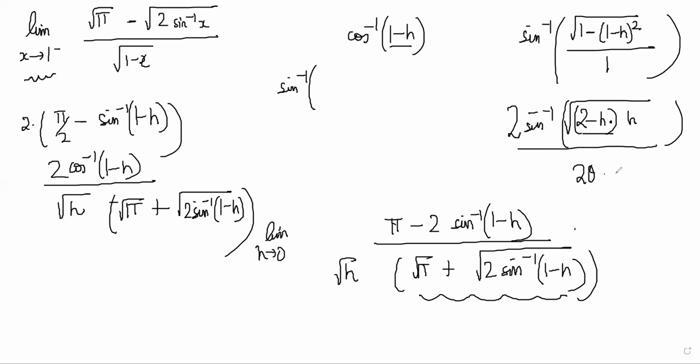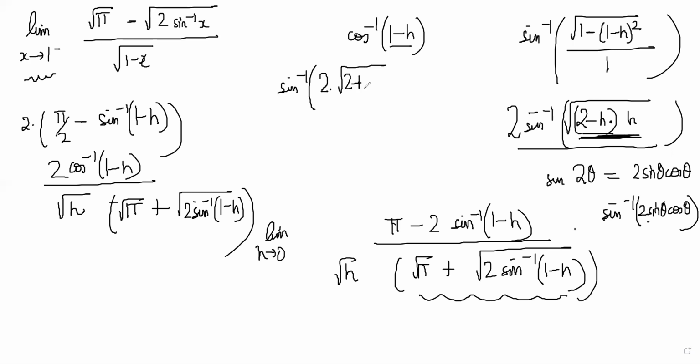This 2 theta is an angle, so sine 2 theta would be simply 2 sine theta cos theta. So 2 theta is sine inverse of 2 sine theta cos theta. Sine theta is this part, root of 2 minus h into h, and cos theta is 1 minus h.